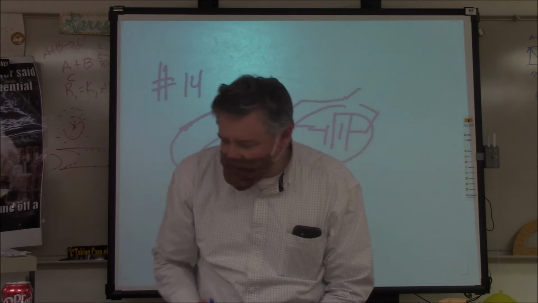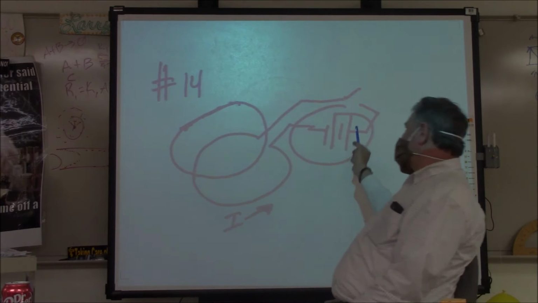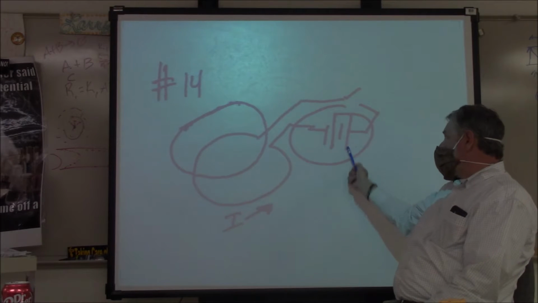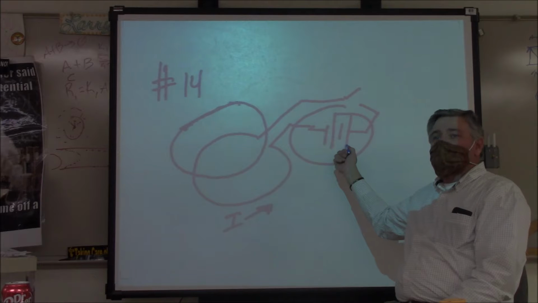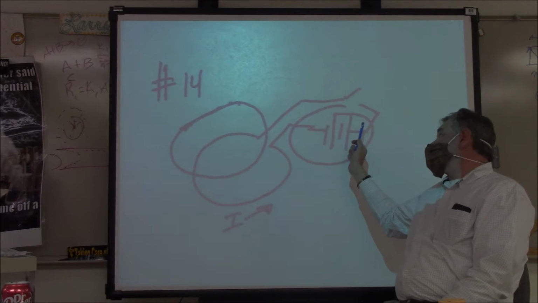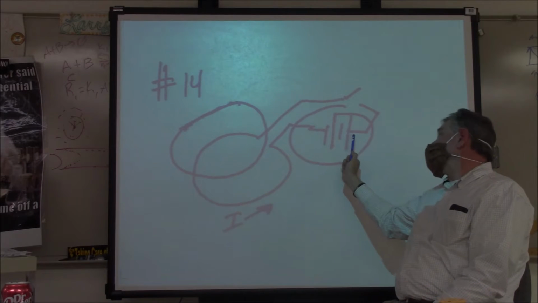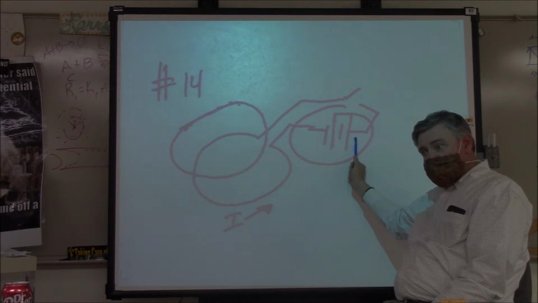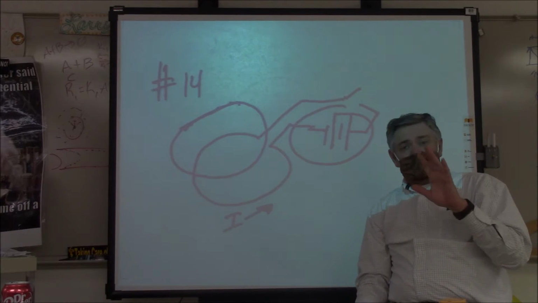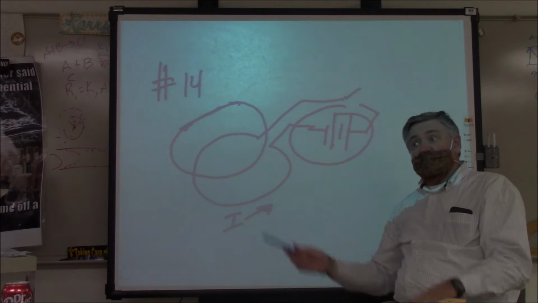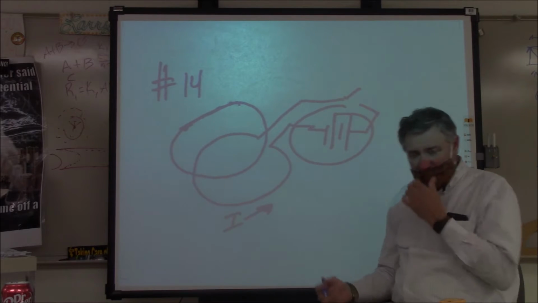So when you close this switch, is the long dash the positive terminal of the battery or the negative terminal? Positive. That's your positive. So in the traditional idea, the current's going to flow from this side out and around. This isn't so much magnetic theory, but also understanding circuit diagrams.